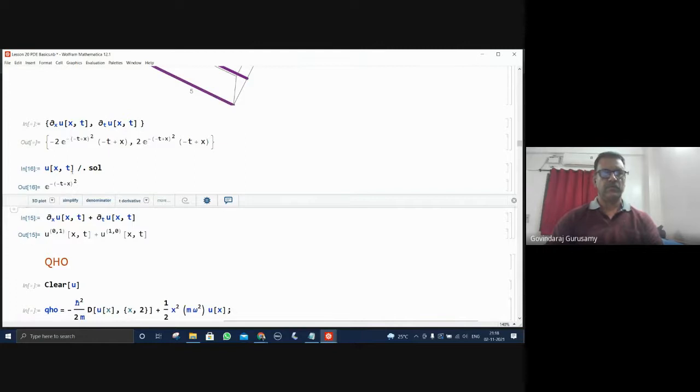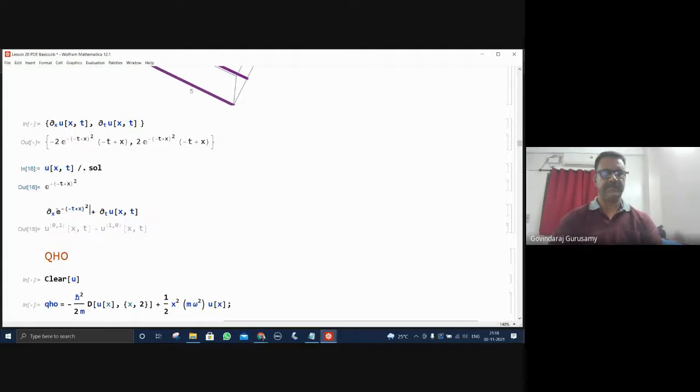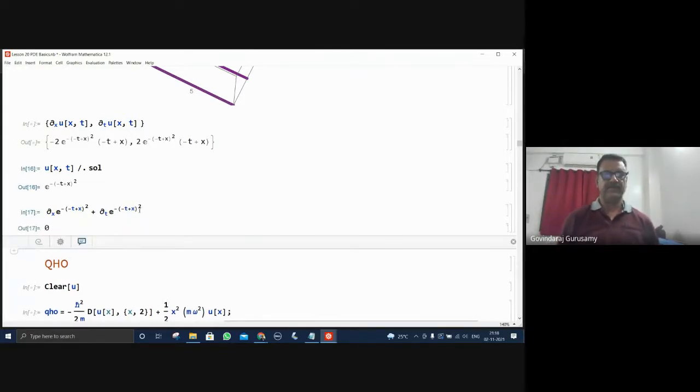That should go here for differentiating it, and just calculate it for both. This is what my u of x,t is here. One is differentiated with respect to the position, the other with respect to the time, and that goes to 0.